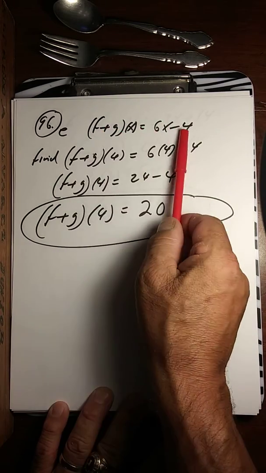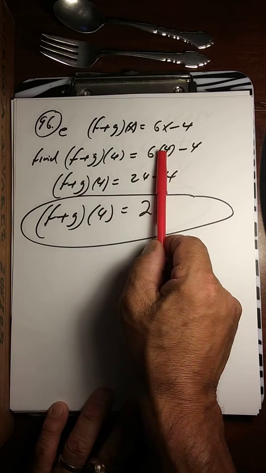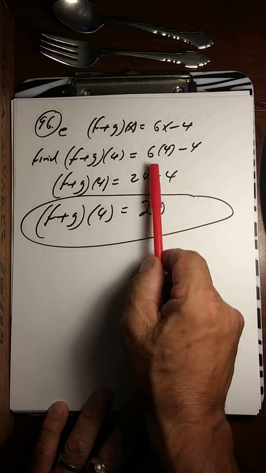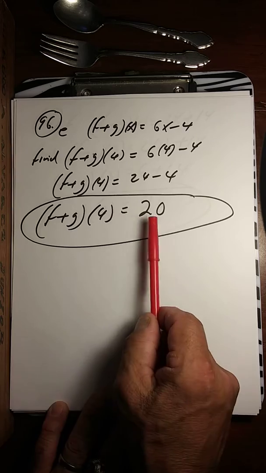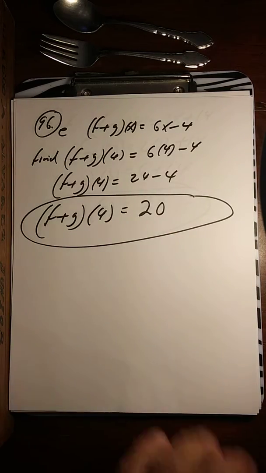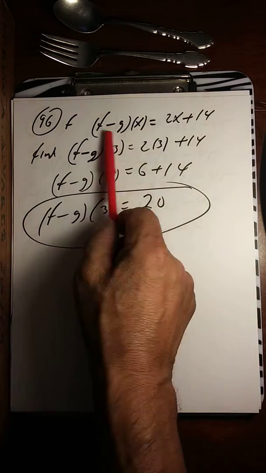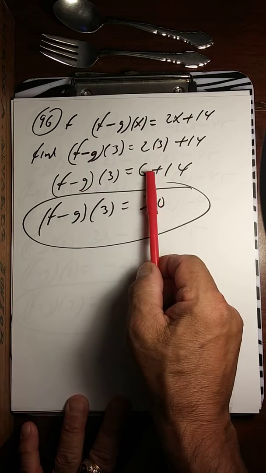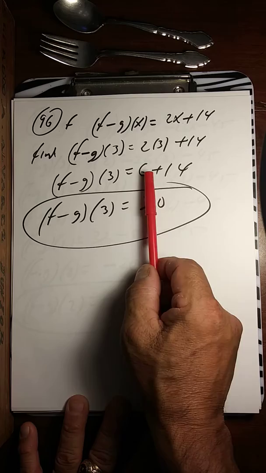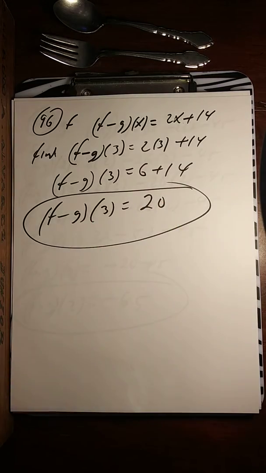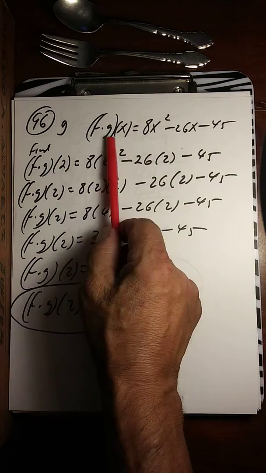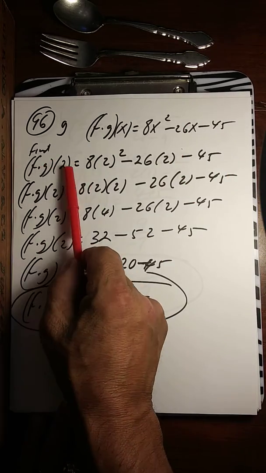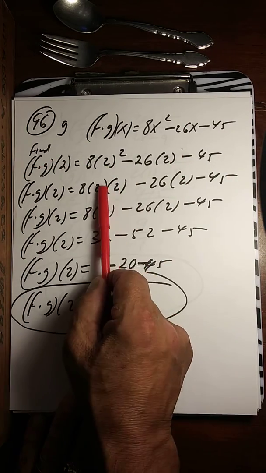So now, I know that f plus g of x is this. So f plus g of 4 means put a 4 in there. F plus g of 4 means that times that is 24 minus that, so f plus g of 4 is 20. F minus g of x is this, so f minus g of 3, put it in there, 2 times 3 is 6. 6 and 14 is 20. I know that f times g of x is this, so f times g of 2, put a 2 there, put a 2 there, 2 times 2 is that.